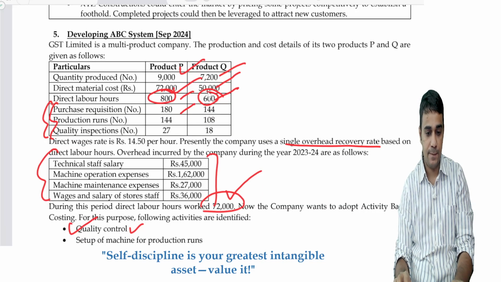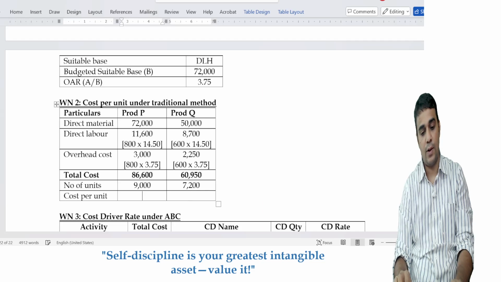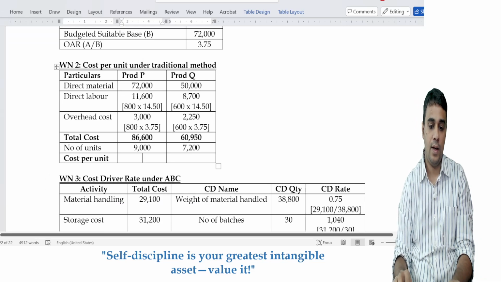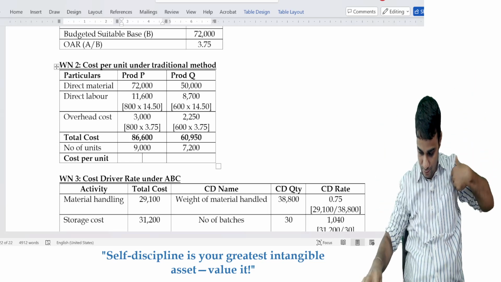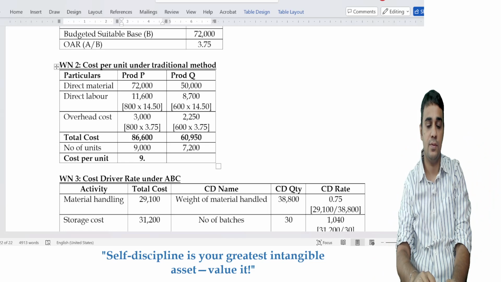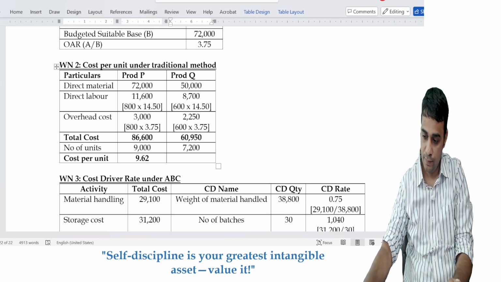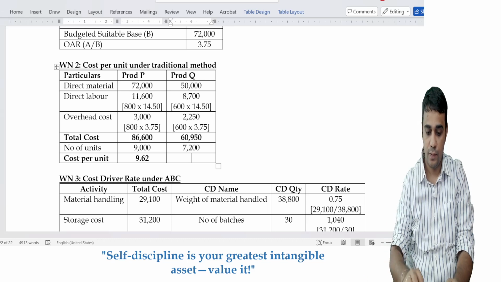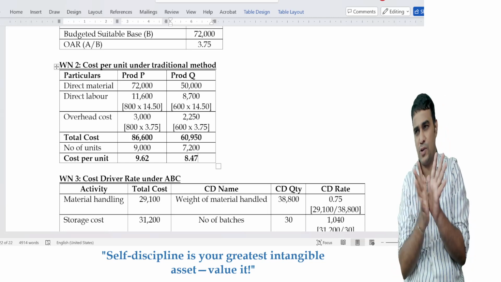Number of units is 9,000 and 7,200, and get cost per unit. That is 9.62 and the other one is 8.4647, or you can do 4 decimals also, that's okay.